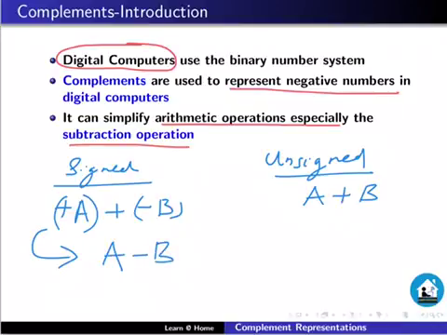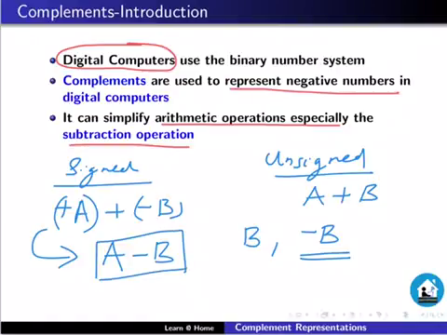So the idea here is that once we are able to represent a negative number, if you are given a number b and you need to find its negative counterpart, that is minus b, and we are able to represent minus b in a proper format in binary, then you can perform this a minus b.